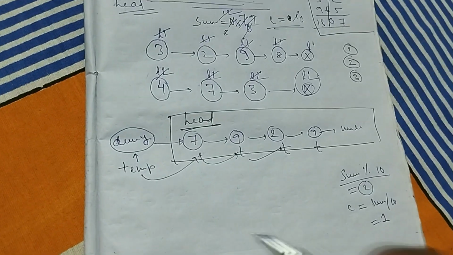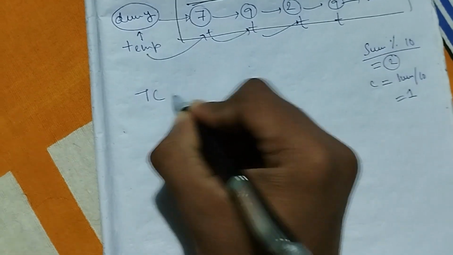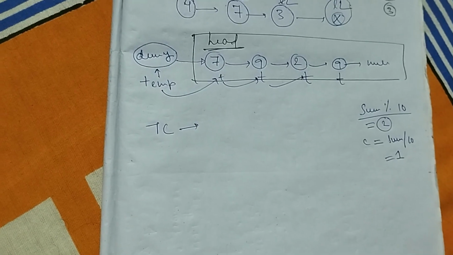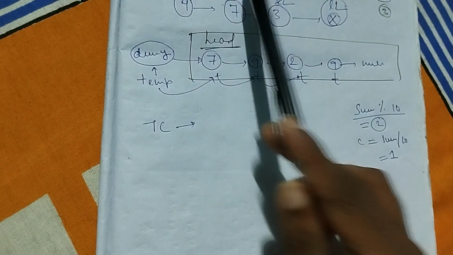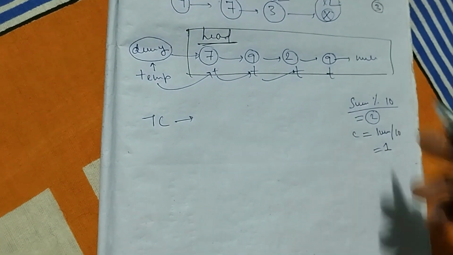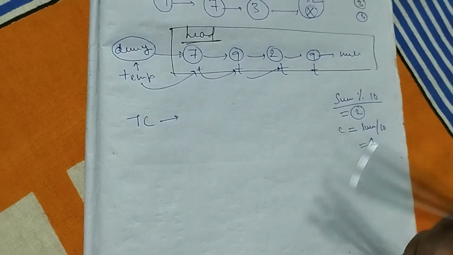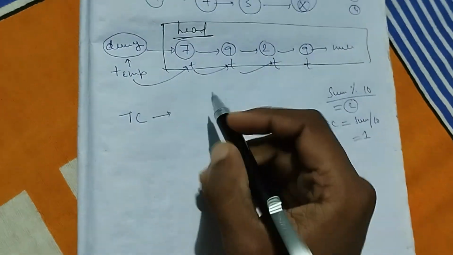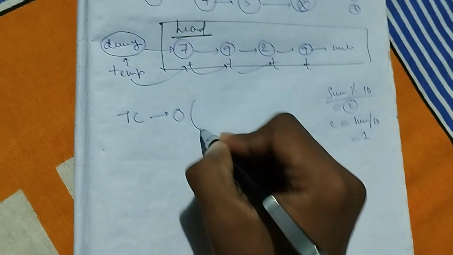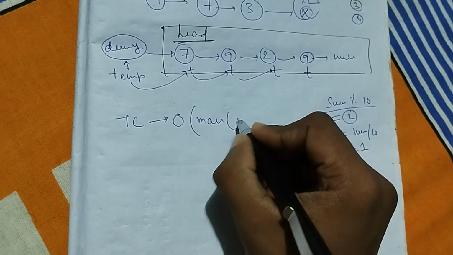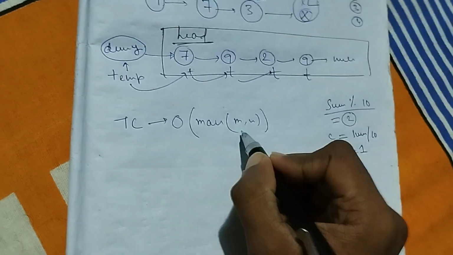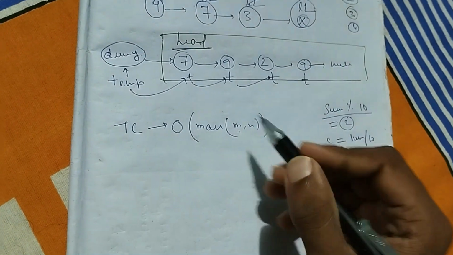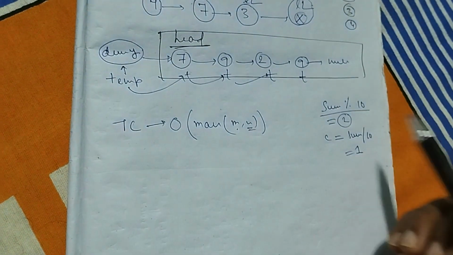Let's also discuss the time complexity. The time complexity would depend on how many iterations we are going to have. 1, 2, 3, 4. Here we had 4 iterations. So it is O of maximum of m and n, where m is the number of nodes in our first linked list, and n is the number of nodes in our second linked list.